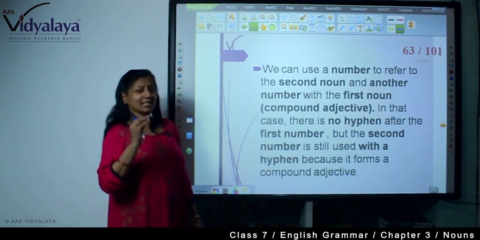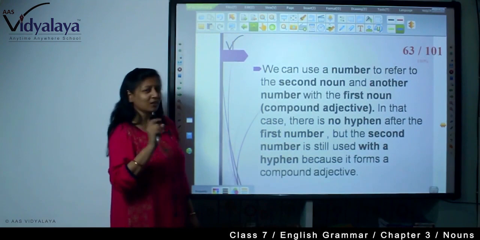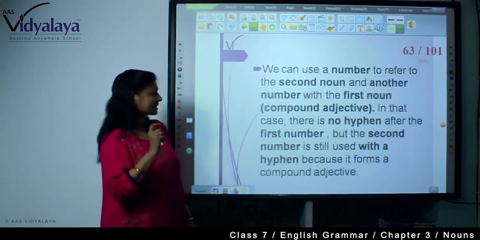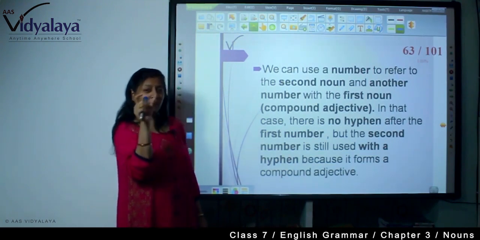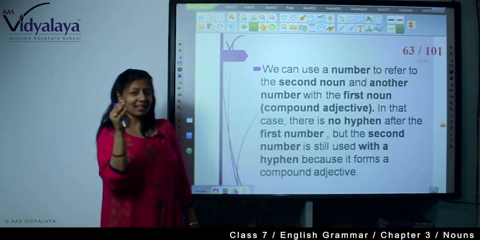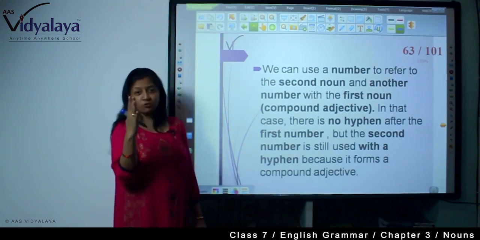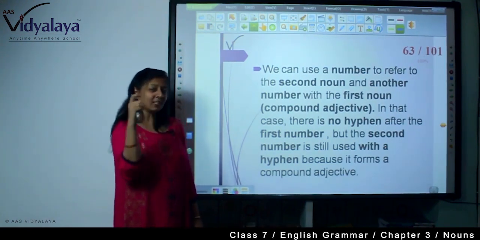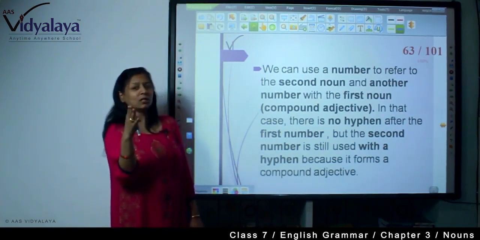As you see in your first example, we have put a hyphen, 3-car garage, but in the second we haven't put a hyphen, 3 wrist watches. So if we write both the things together, we will have to follow both the rules.